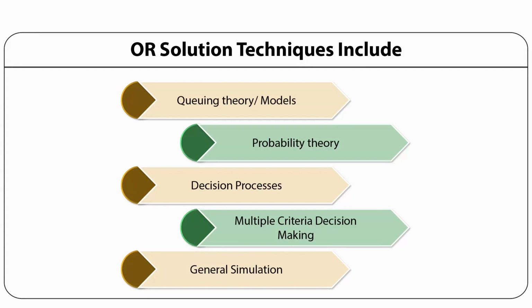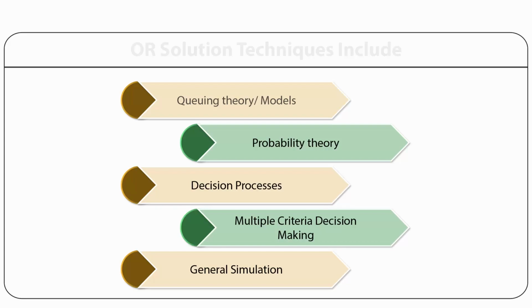In fact, most of these usually are not very much applicable in the library science field. However, network analysis in the form of PERT CPM has been effectively applied in library activities, preparing or scheduling the library projects. In many cases, linear programming, multiple criteria decision making, and decision processes have also been applied in library and information organizations.